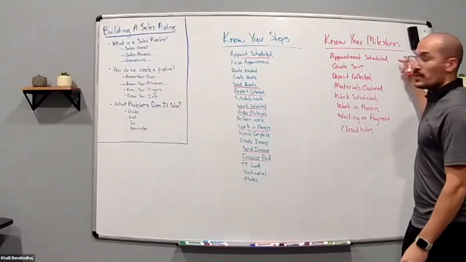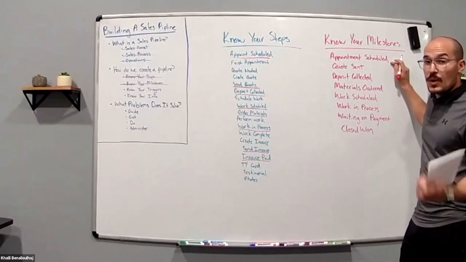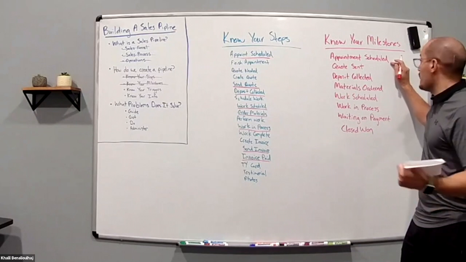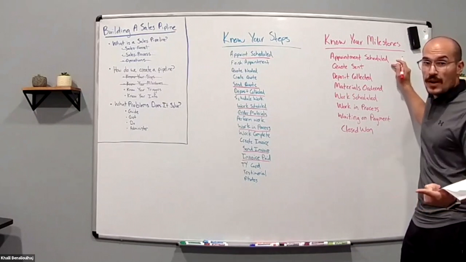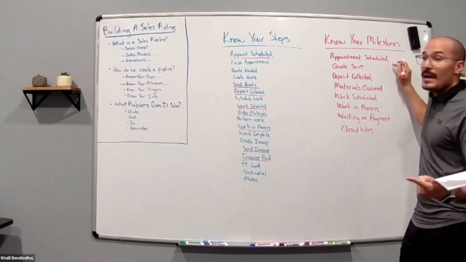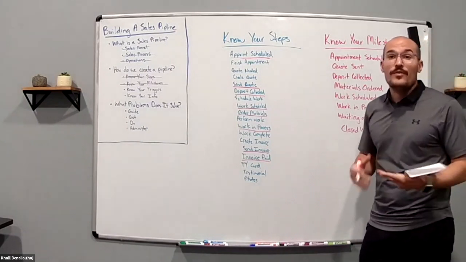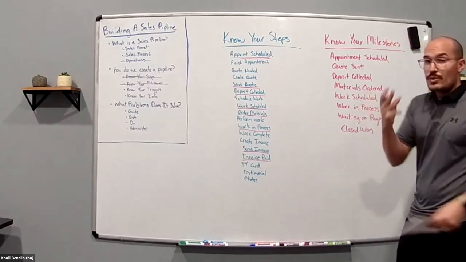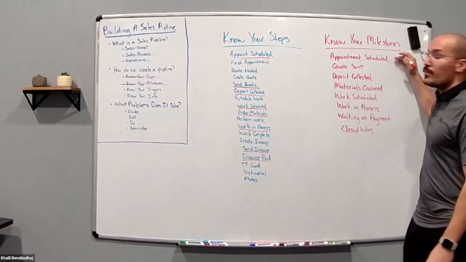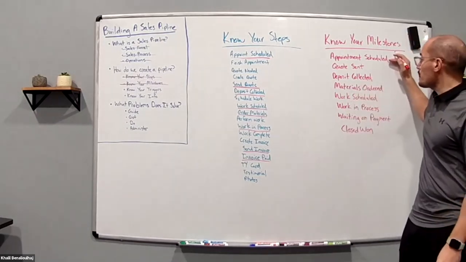What are my triggers? Well, one, I need to show up to the meeting, right? I might need to send a reminder about the meeting, and then I might need to have a thank you email for the meeting or a follow-up email. So those three things are going to be my triggers for the appointment scheduled, right?